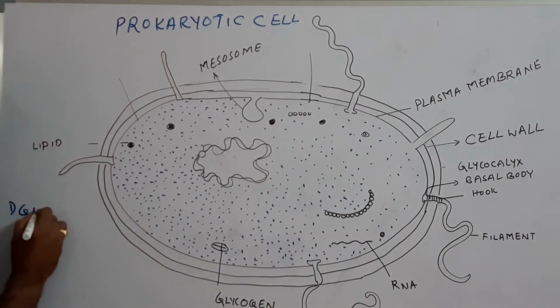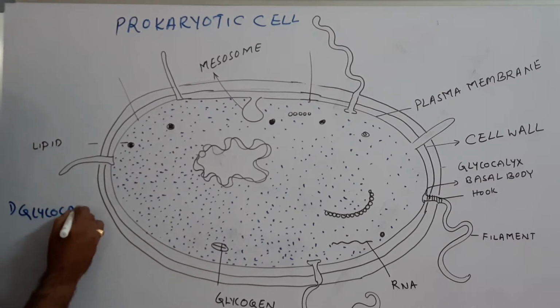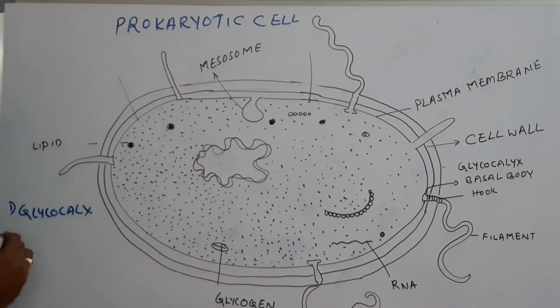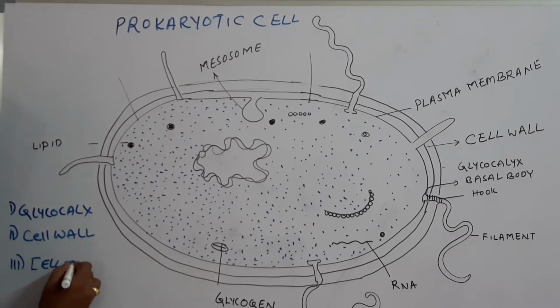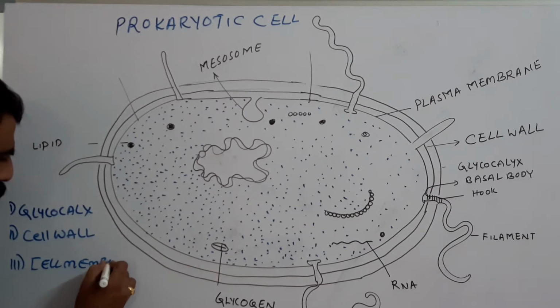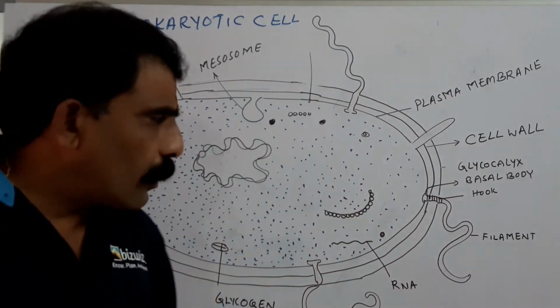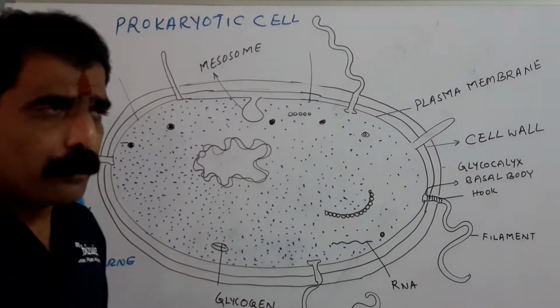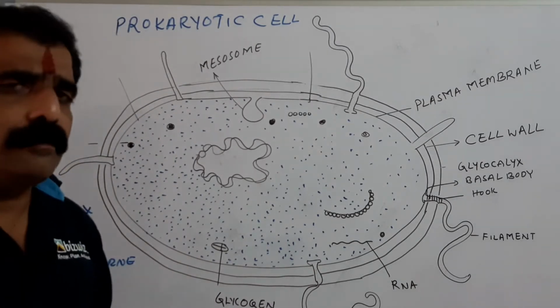The outer layer is called glycocalyx. The second layer is called cell wall. And the third layer is called cell membrane. So, there are 3 layers in the cell envelope of a typical prokaryotic cell.